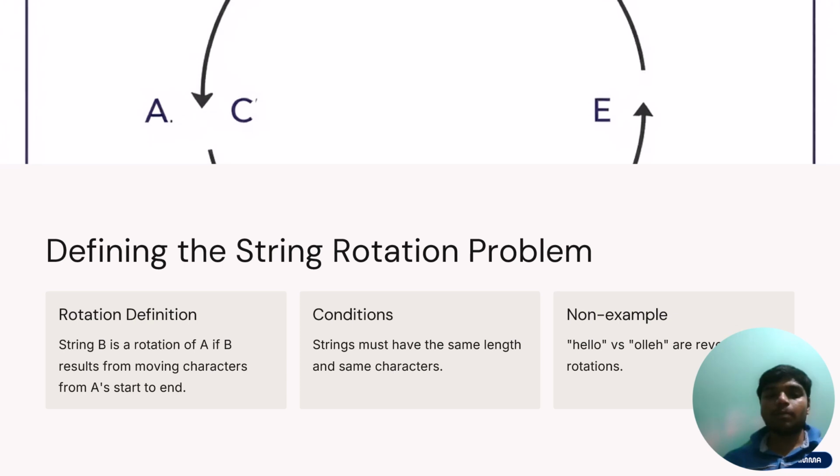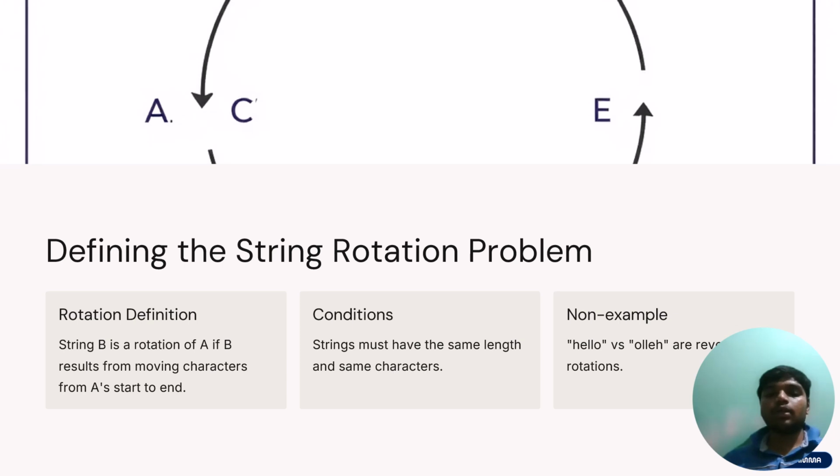Left rotation. In a left rotation, characters are moved from the front of the string to the back. For example, rotating HELLO left by 2 results in LLOHE. Right rotation.